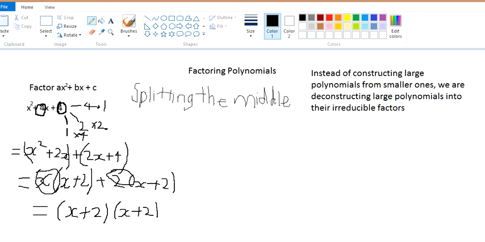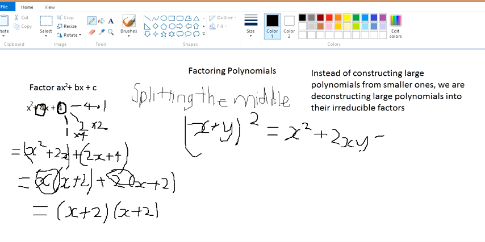Now, if you remember from the expanding polynomials video, this was the form of x plus y squared, which gives us x squared plus 2xy plus y squared.